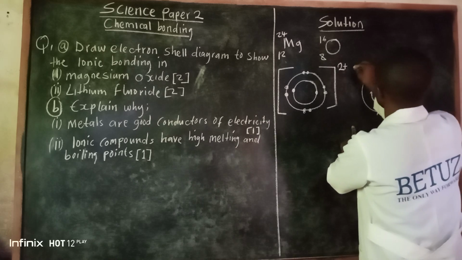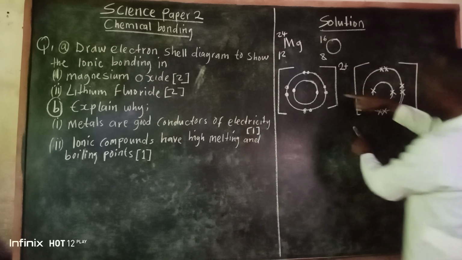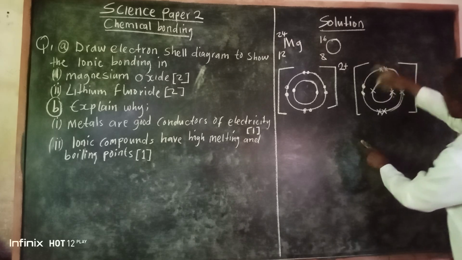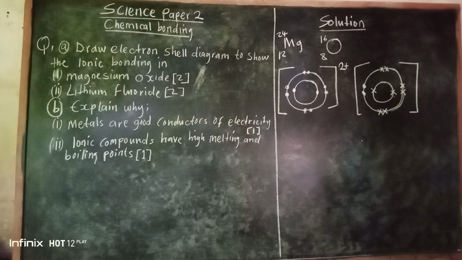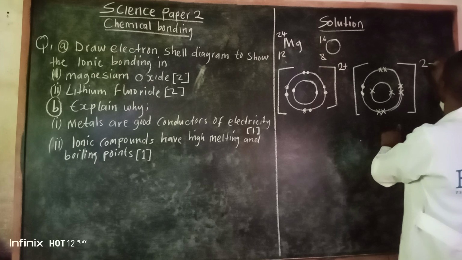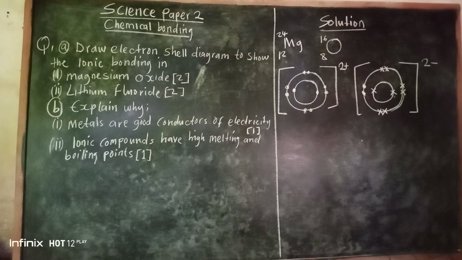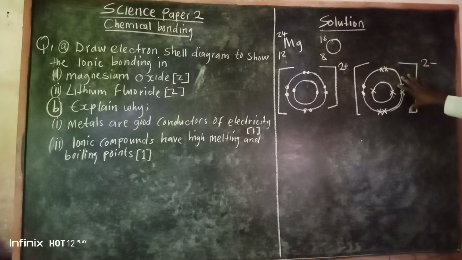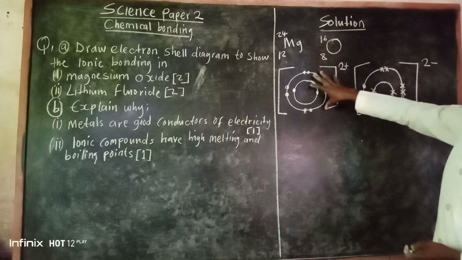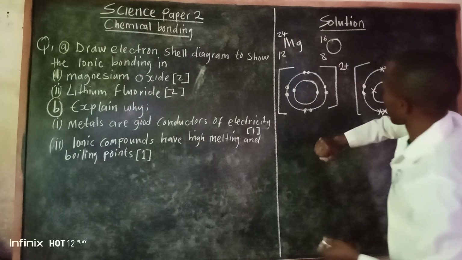Okay? Now those 2 electrons will be here to make it 8 electrons. To show that oxygen has received 2 electrons from the magnesium, we indicate a 2 and then a minus. It means this element has gained 2 electrons from the magnesium.